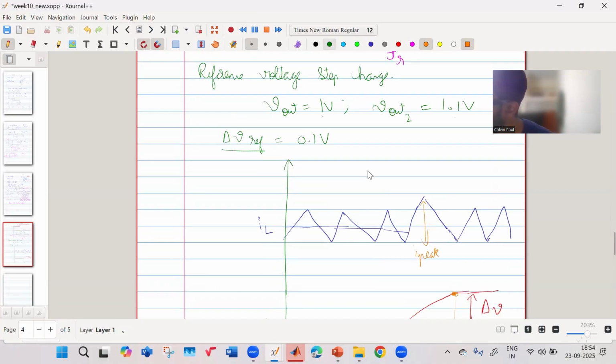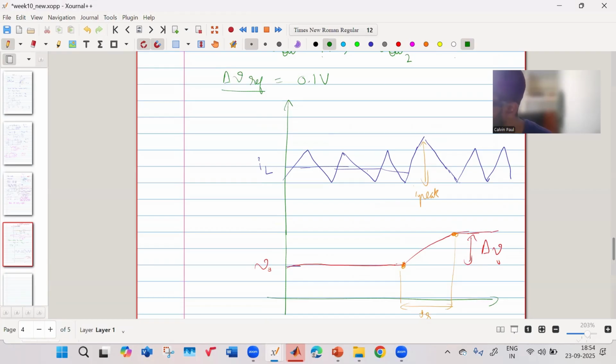Let us say this is your T axis, and this is your capacitor current. The capacitor current has this average value like this, and over here it will have this peak, then fall down, and again go like this.